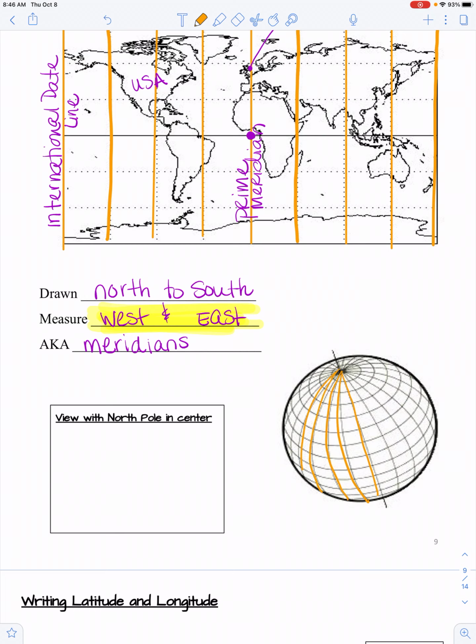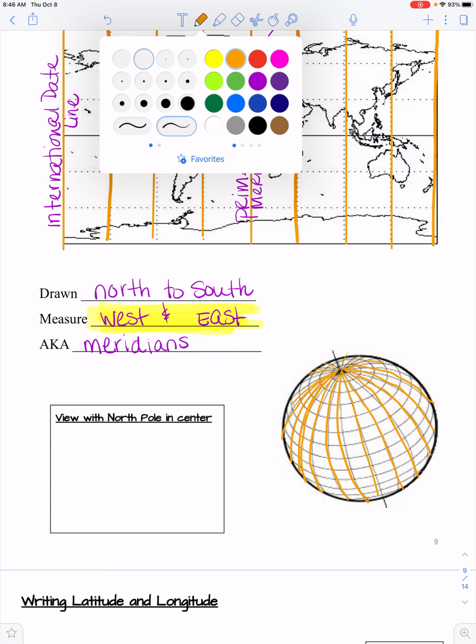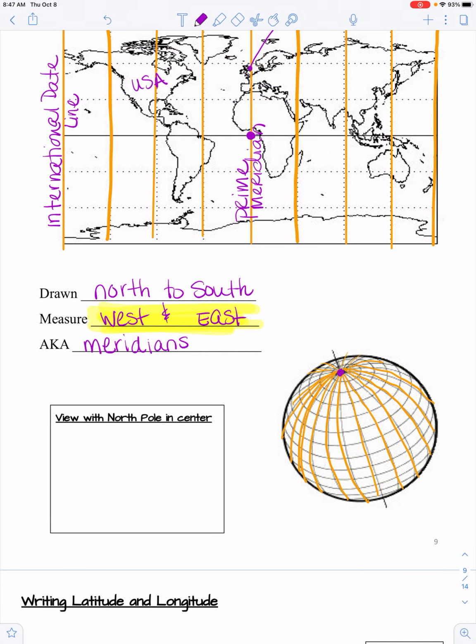And there should be something that you're noticing as I'm drawing these, where they are all converging. So they're all going to converge at the poles. So North Pole.